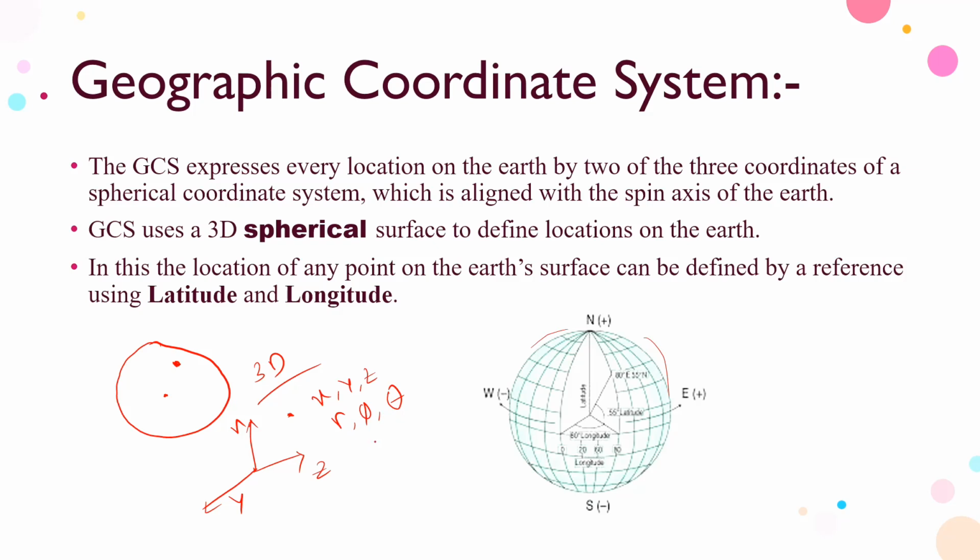What is r? r is the distance of the point from the origin. What is theta? Theta is the angle from the positive x-axis. And what is phi? Phi is the angle from the positive z-axis. Everything is measured from the positive side. I think everybody knows this.